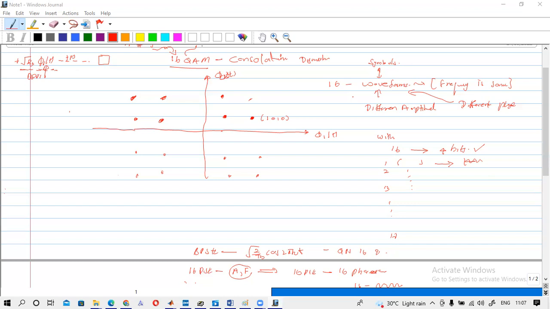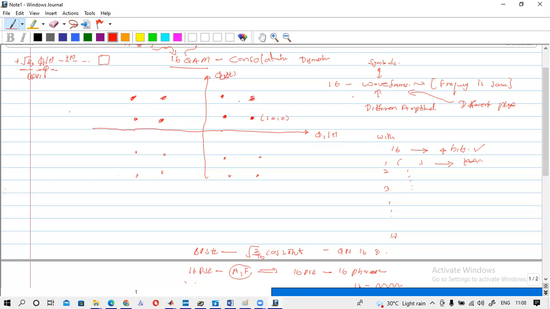Okay, we will start. So what I am explaining here is how to find the decision boundary in this kind of constellation diagram. You can simply do it by looking at the symbols.